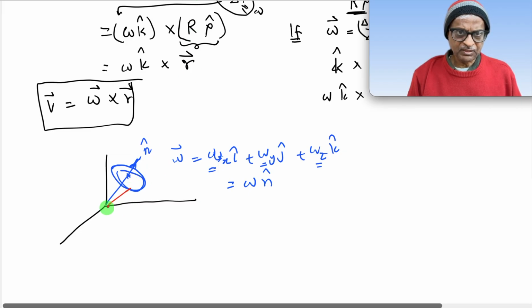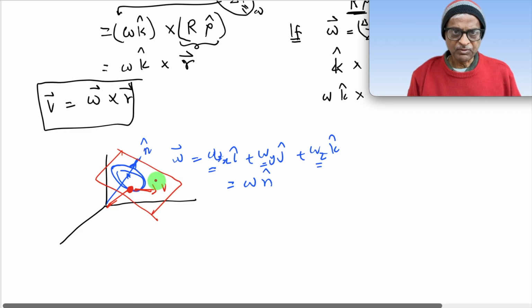If you work it out, at some instant you get the velocity vector perpendicular to that in this plane. So the velocity vector is that way, the r vector that way, and the omega vector is that way.